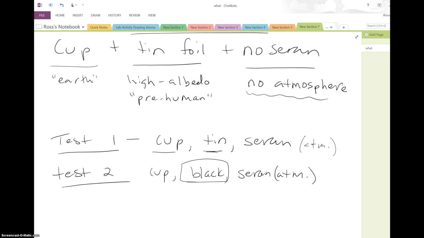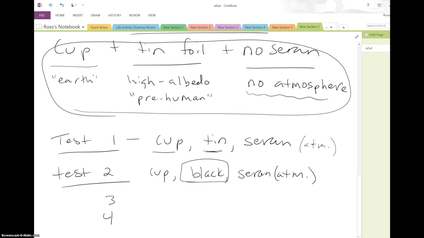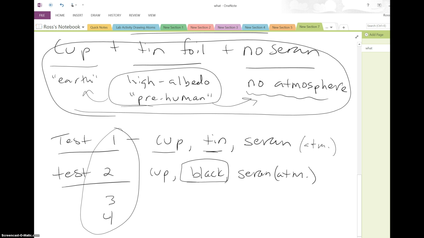So now we're testing something. And obviously there was test number 3 and test number 4, but because we have this original one right here, this test where it was a pre-human surface with Earth but no atmosphere, we can compare each of these 1 through 4 tests against the control.